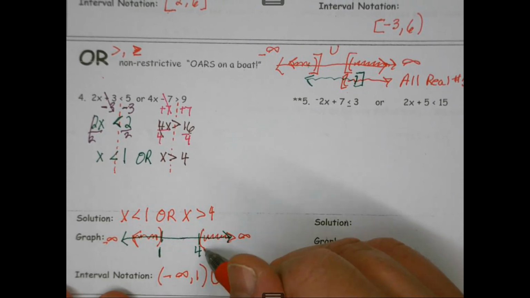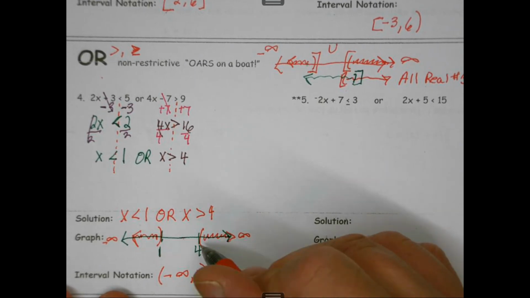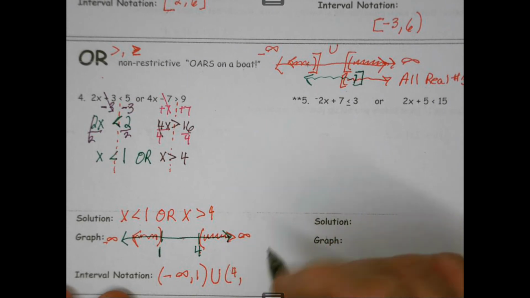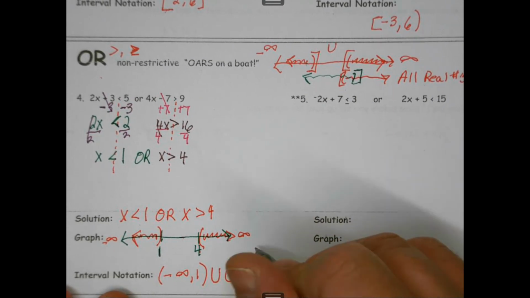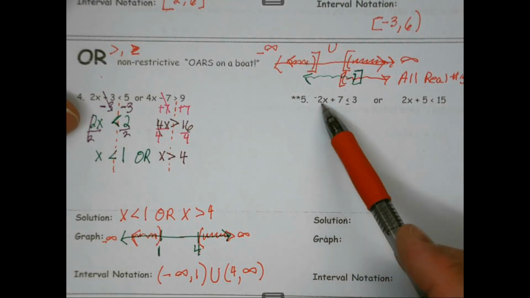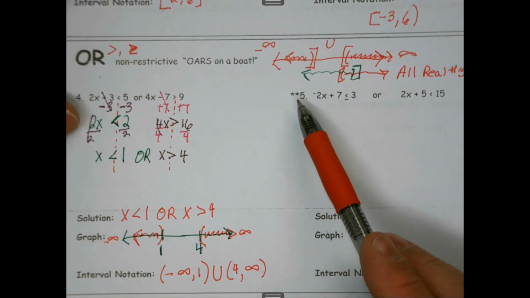And the last one, number 5. Now, I'm looking at this, it's got a couple of stars here, so there might be something going on. It might be this whole all real numbers thing. Okay, could be. Something's going to happen here. So here are my 2 inequality statements that I have to solve individually because it's an OR statement.